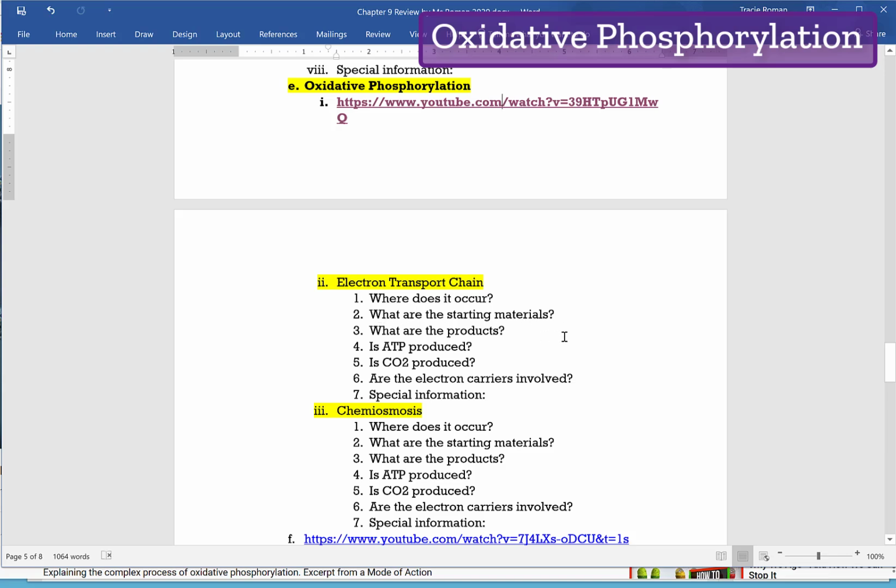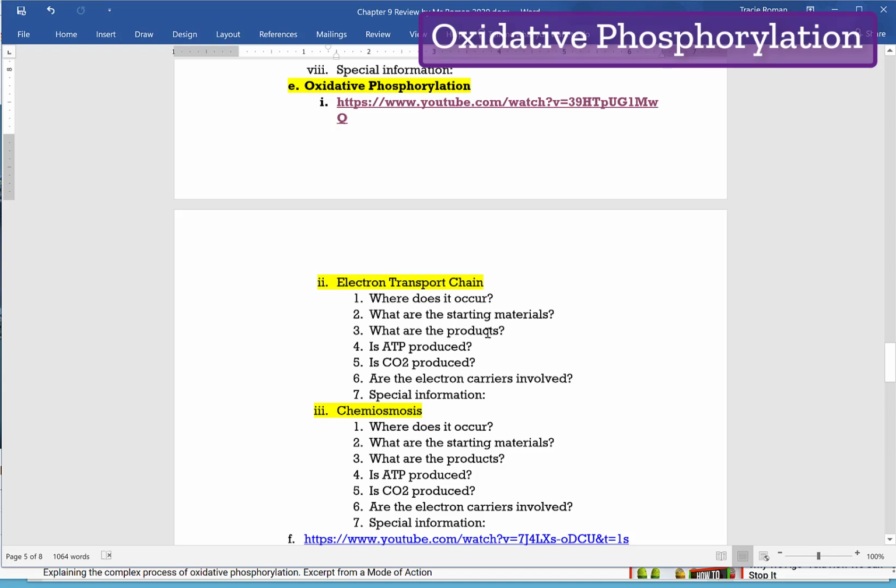So the starting materials would be the electron carriers, and they are dropping off the electrons. So the products of this process would be the proton gradient. And then also oxygen is going to be the final electron acceptor at the end of the electron transport chain.